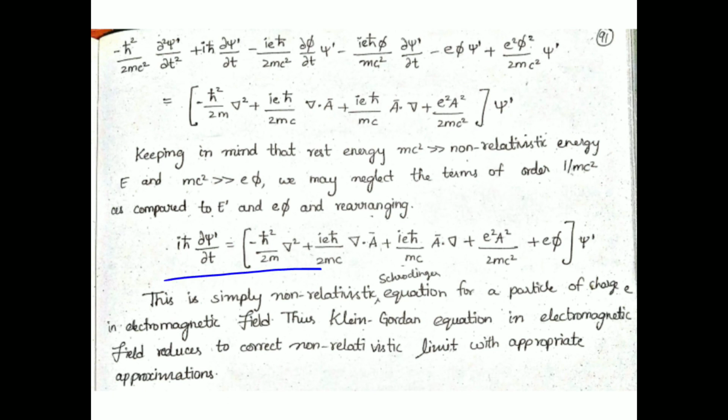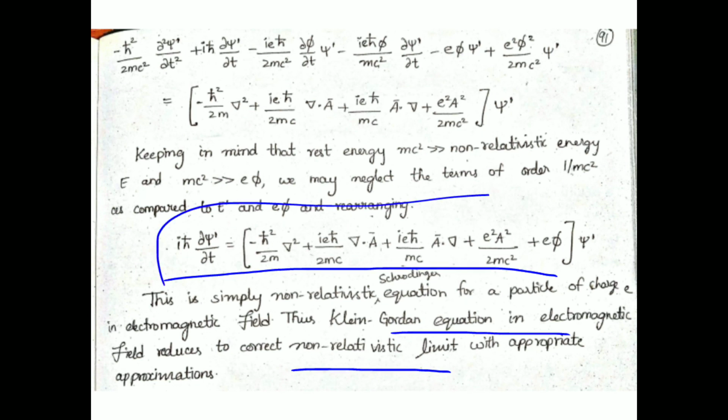You can see for charge in electromagnetic field, the Klein Gordon equation in electromagnetic field reduces to the correct non-relativistic limit with appropriate approximation. So finally it is getting reduced to the non-relativistic Schrodinger equation.